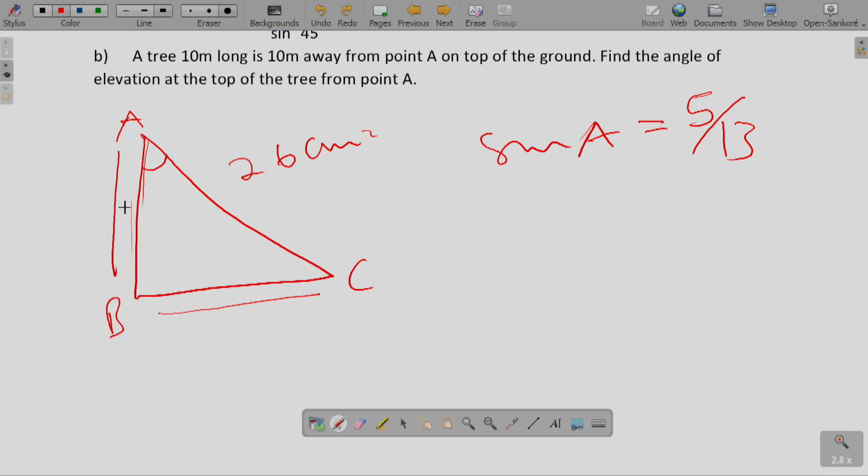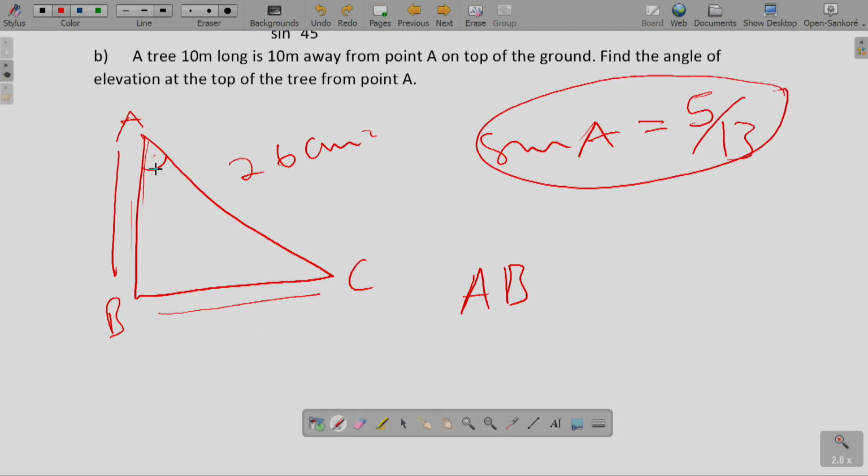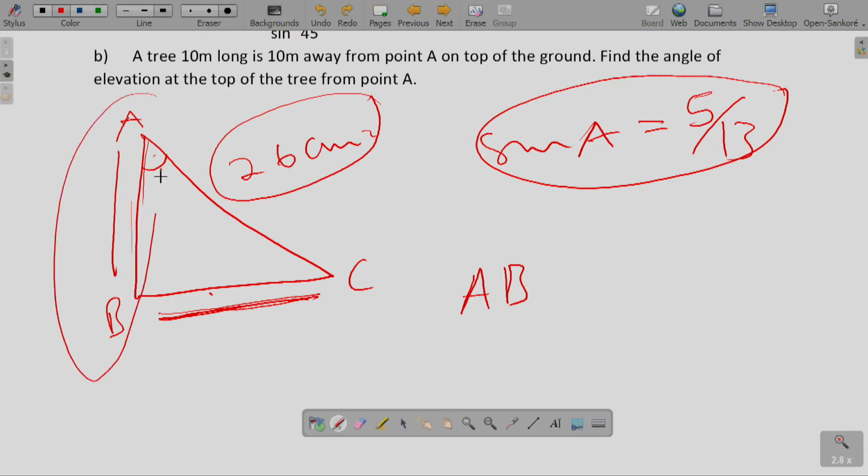Length AB, we can't use that directly, but we are given the sine of A. Sine of A is equal to opposite over hypotenuse. So first let's find the length BC so that we can find the length AB.